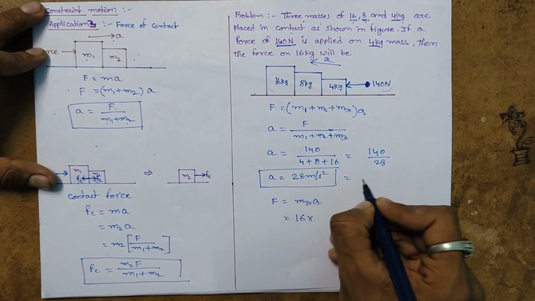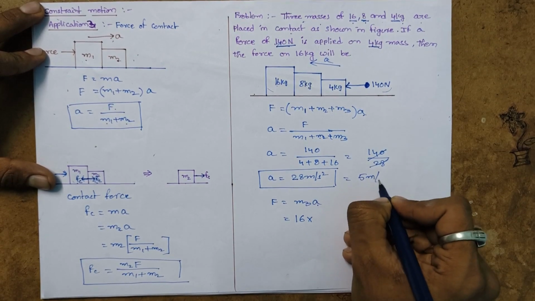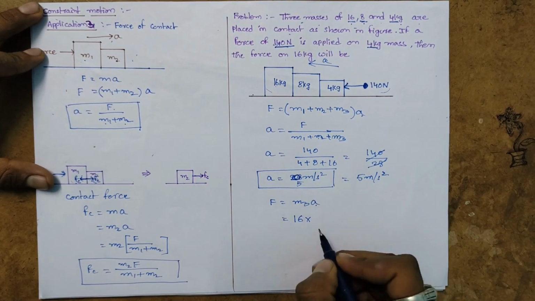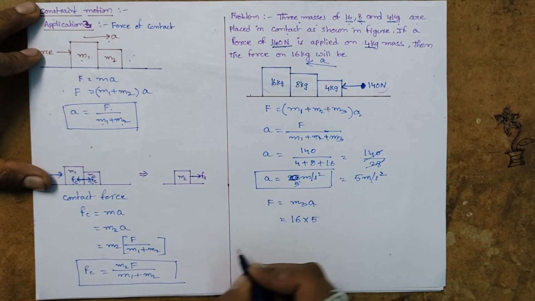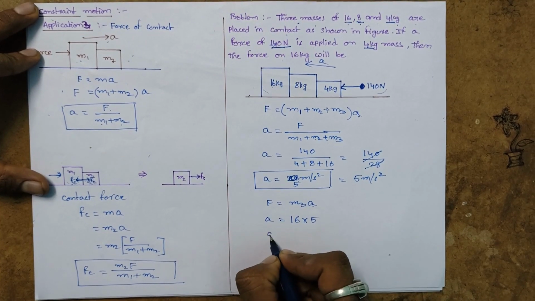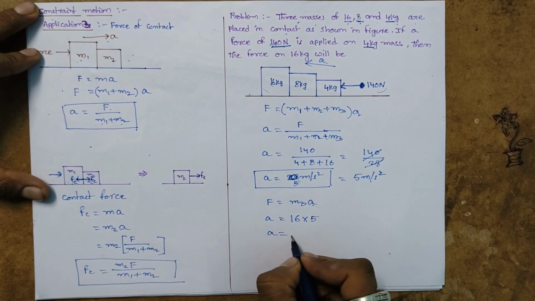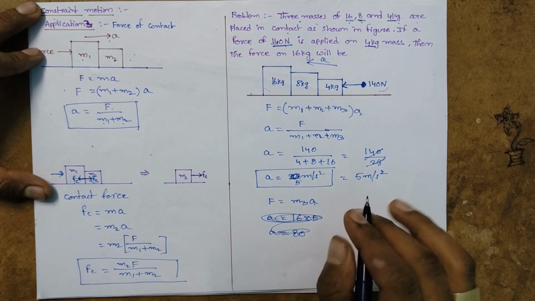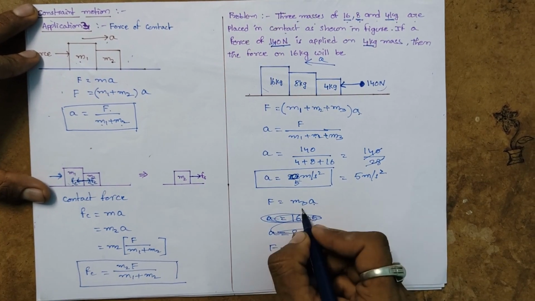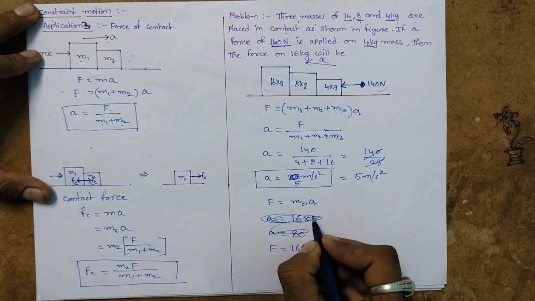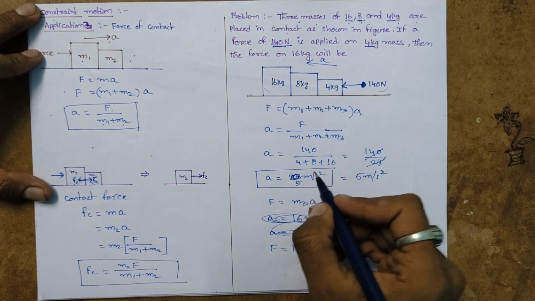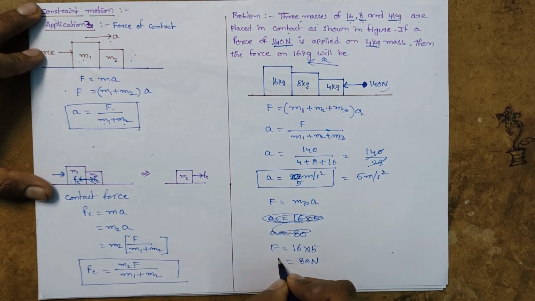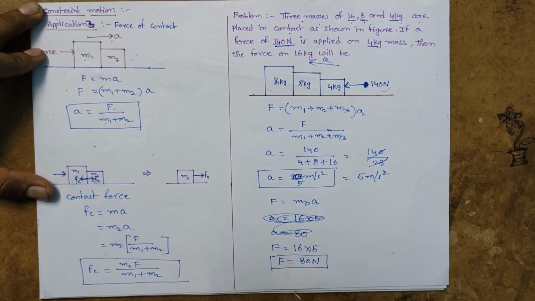Sorry, the acceleration value is 5 meter per second square. I am making a complete mistake. So F is equal to m3 value 16 into acceleration value 5. So the net force is 80 Newton acting on the 16 kg mass.